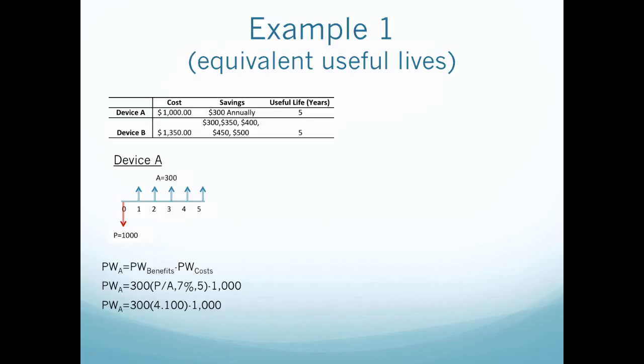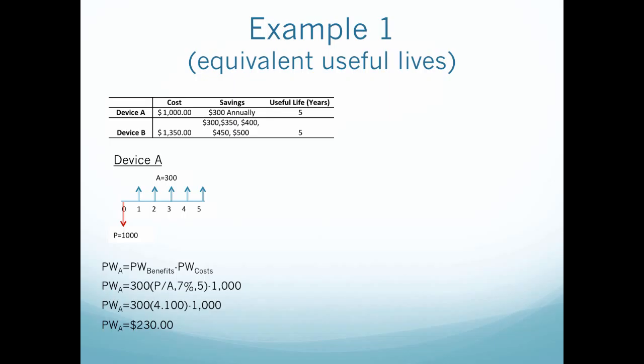I look up that factor in the back of the book and solve, getting a present worth of $230. What that means is, in order to have this assortment of costs and benefits, I would be saving $230 today.